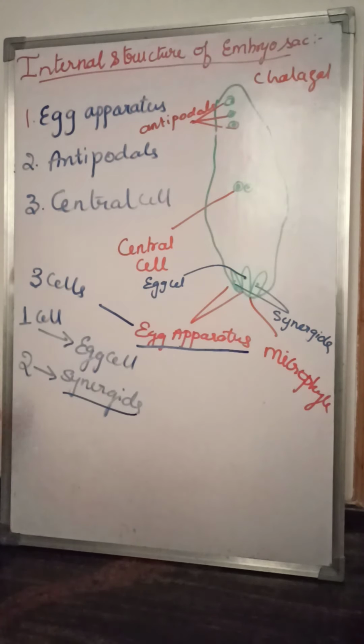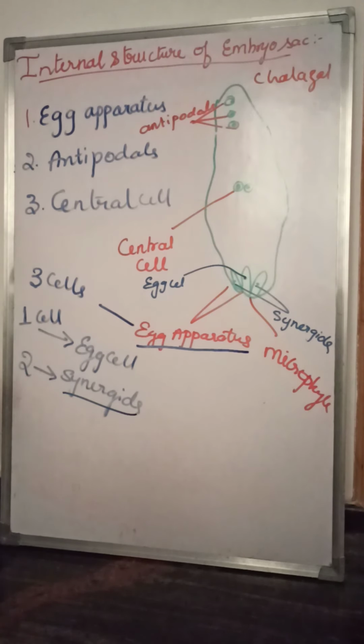These synergids do not play a direct role in the process of fertilization. They are not directly involved in fertilization. They will degenerate after pollination has taken place.